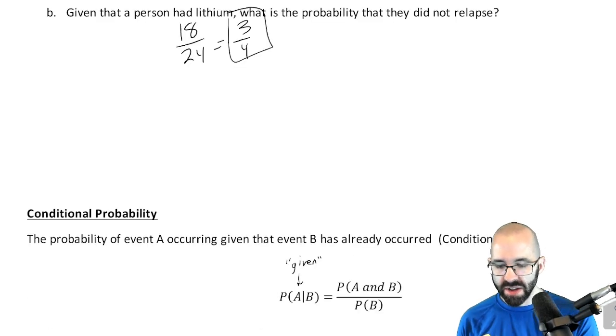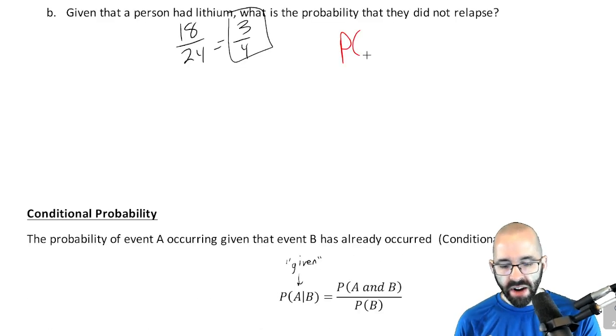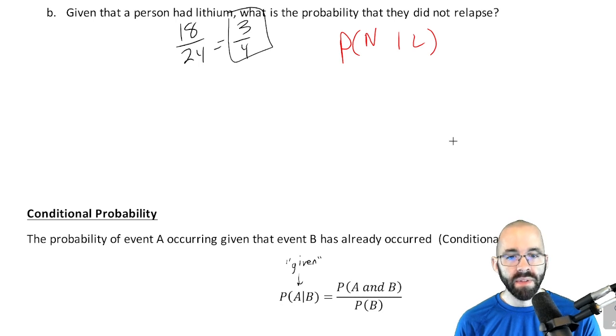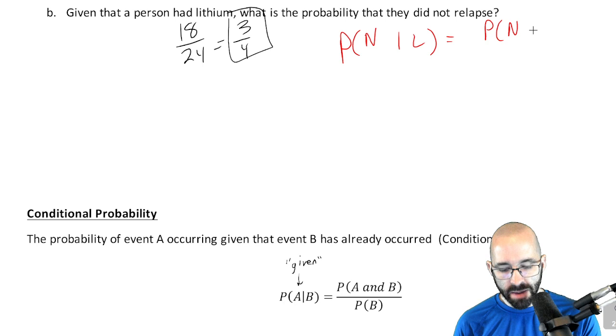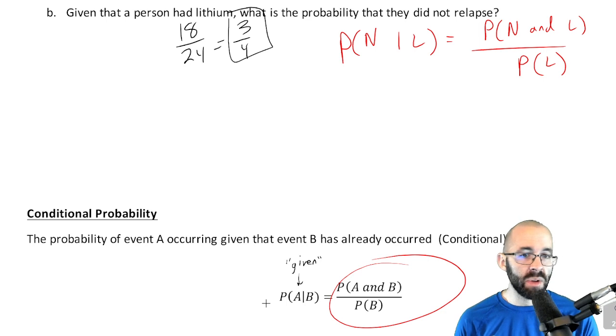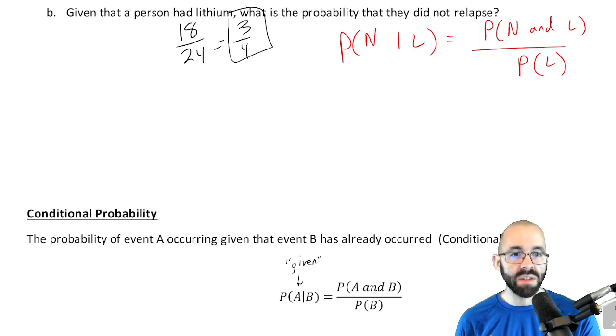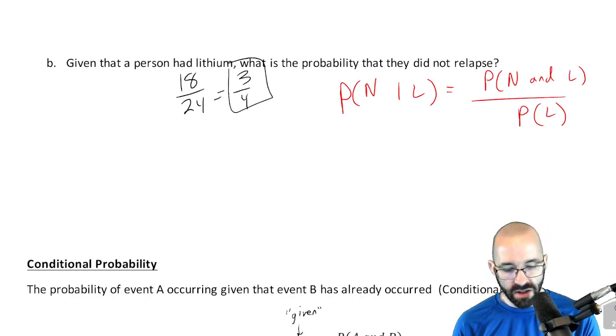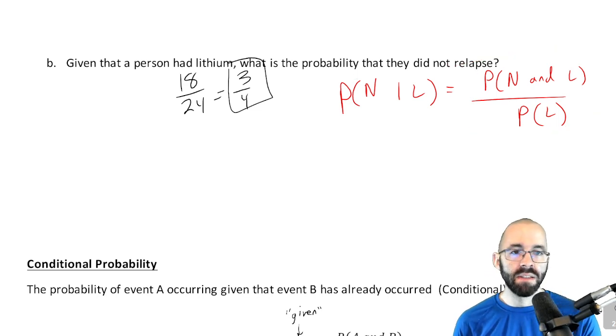So how does this work with this example? Find the probability that they did not relapse, assuming they had lithium. We use this formula. That's the probability of not relapsing and lithium divided by just the probability of the second one, lithium. If you don't like conditional probabilities, you can just use this formula and answer the question without conditional probabilities at all. Just a joint probability.